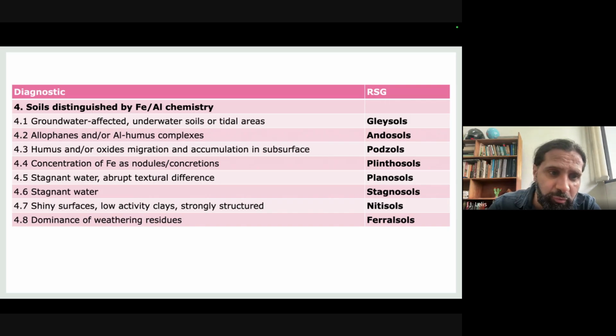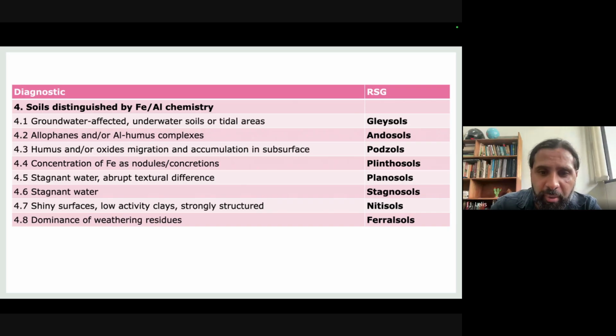We have soils which expressed in the past some gleyic properties, but then the water table level conditions changed, and then we concentrate iron as nodules and concretions. We call them plinthosols. We have soils with stagnic properties. Yes, soils with stagnic properties, and because of these stagnic properties, we could differentiate them between planosols and stagnosols.